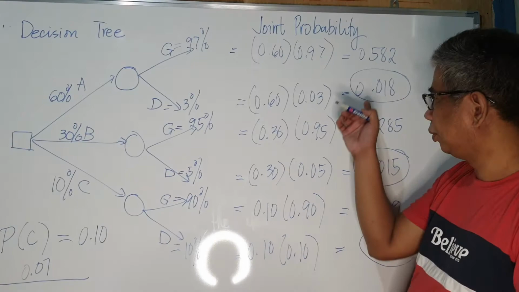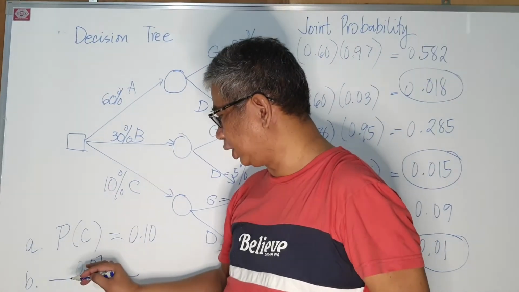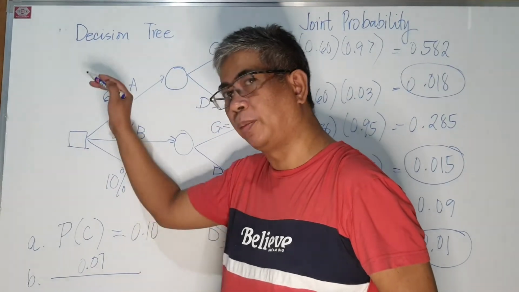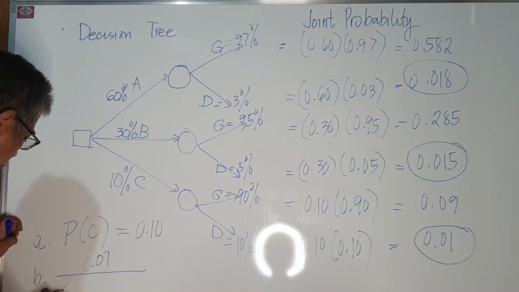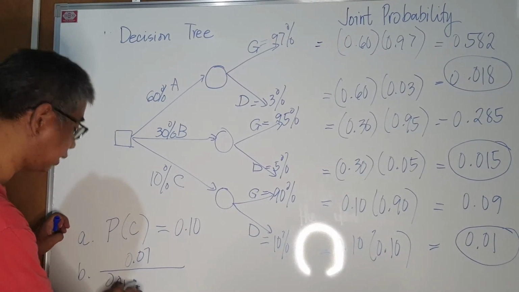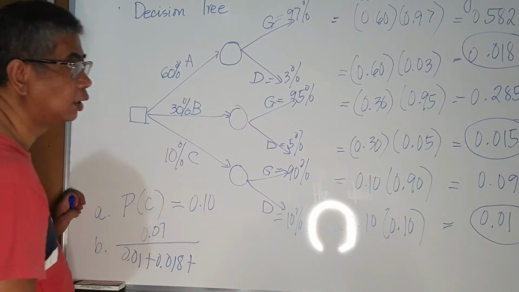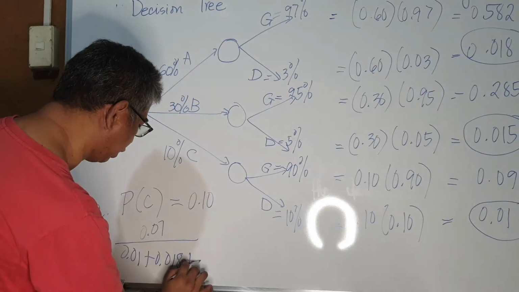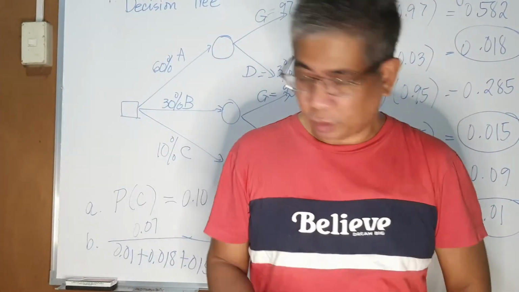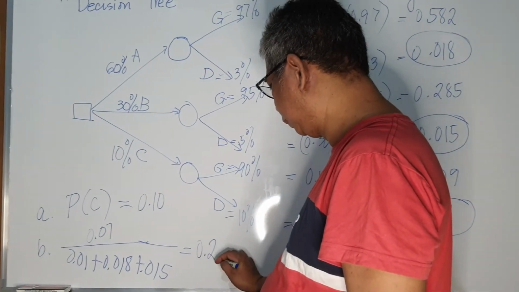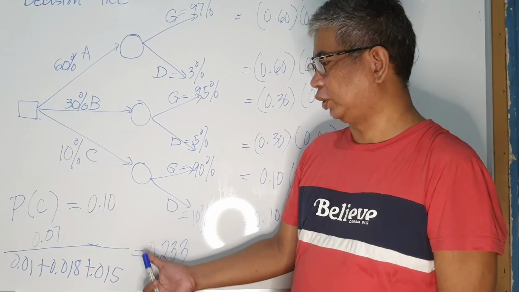So, we just put that as your denominator. Kumbaga, defective product coming from C over the defective product coming from all machines. So, that is 0.01 over 0.01 plus 0.018 plus 0.015. You get 0.233. So that is the answer to the question.